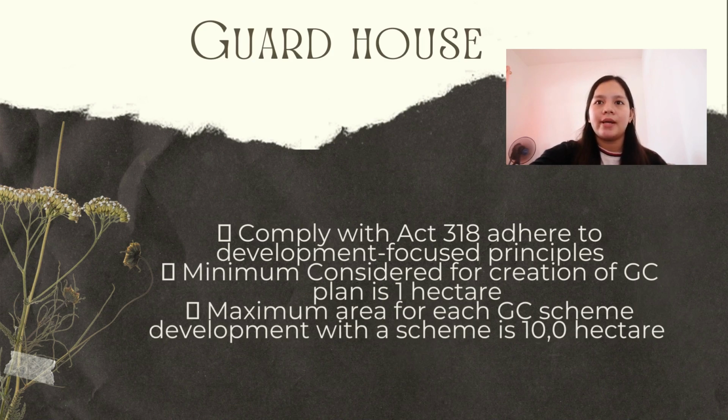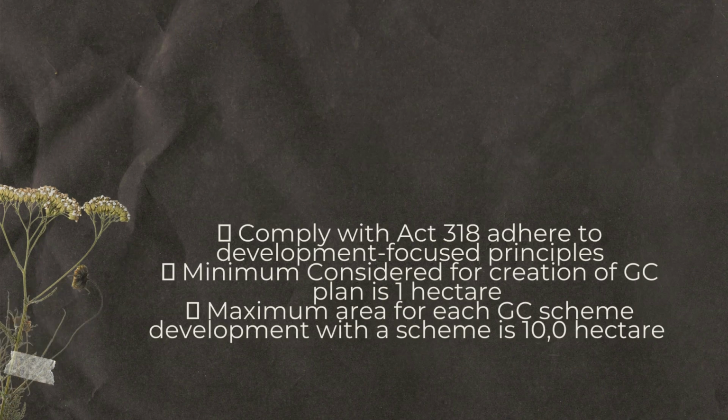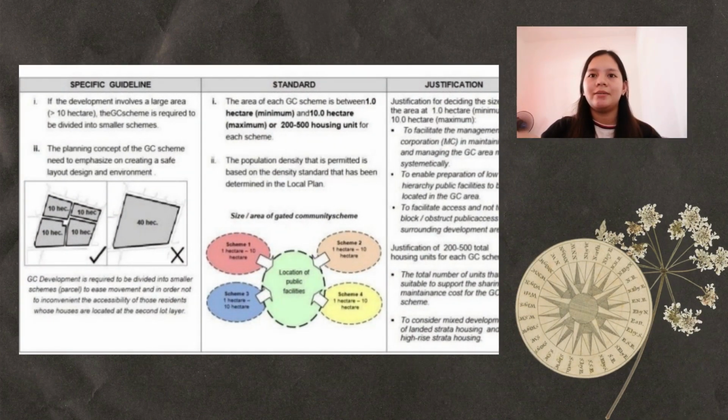A social impact assessment (SIA) must be prepared in accordance with Section 21A of the Town and Country Planning Act of 1976 before the local planning authority will consider the building of a gated community. H 172. The size of the development area will be standard. So here we can see the pictures about the standard of guard house that we must follow.